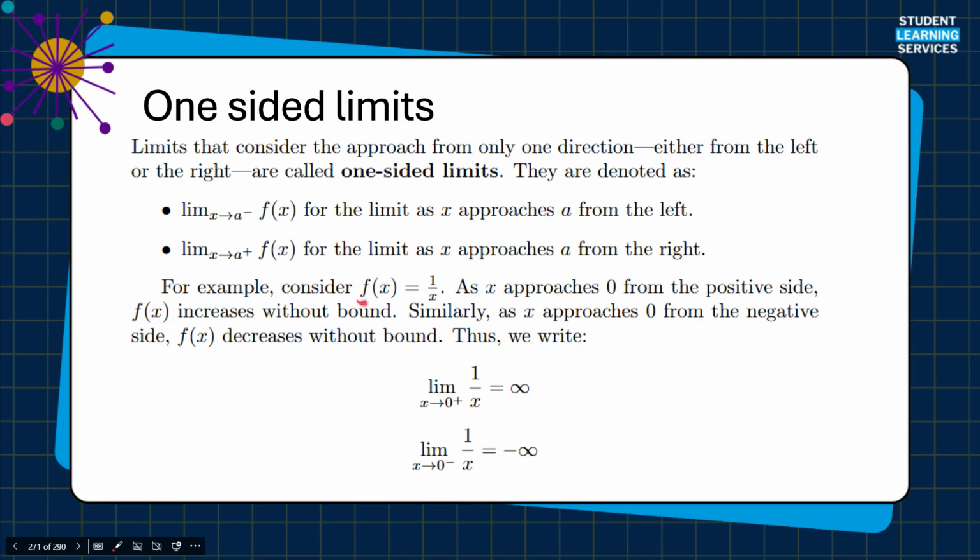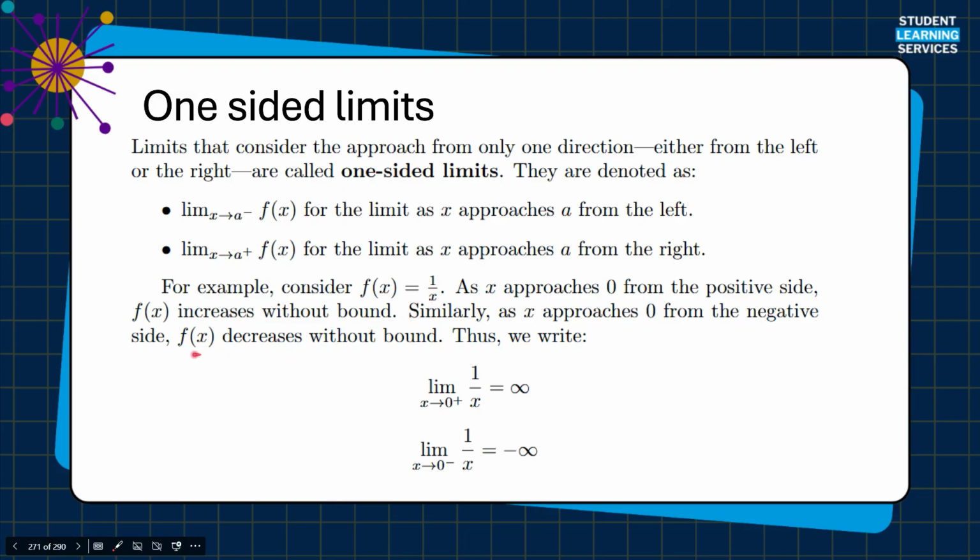For example, consider the function f(x) equals 1 over x. You'll see that as x approaches 0 from the positive side, which means x is really, really small but positive, then 1 over x will be very, very large. But what if x approaches 0 from the negative side, where x is a very small negative number?